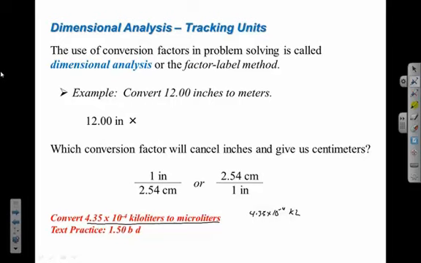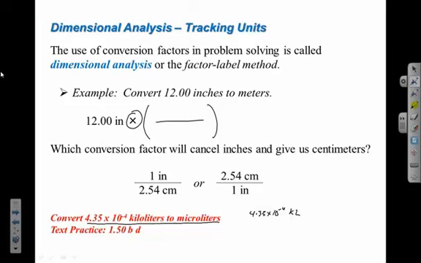So what most textbooks do is they multiply this number by something in a parenthesis. I don't like to put these times signs in here because sometimes you'll be doing a calculation with a variable, like using some algebra, and you might have x as your variable, and that gets confusing.